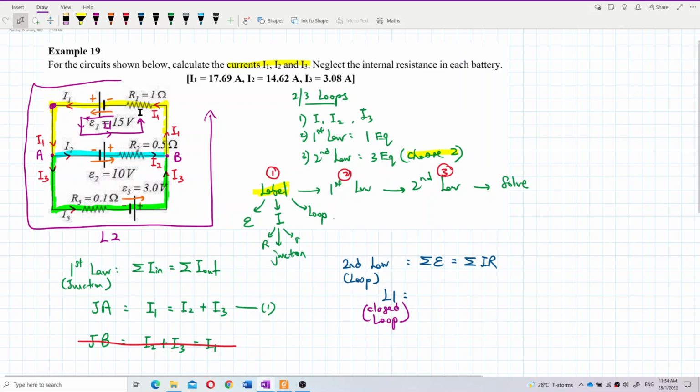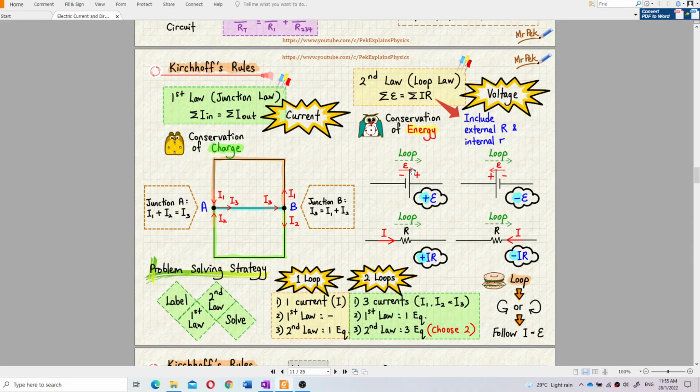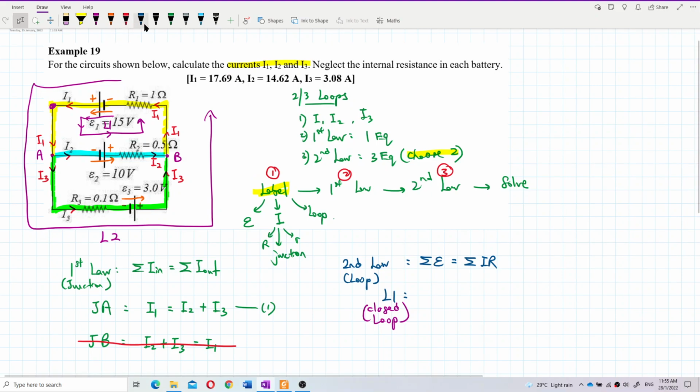Alright. Now, looking at this top loop, look at the EMF. How many batteries do we have in this top loop? We have 2 batteries, E1 and E2. Now look at whether the EMF is in the same direction as the loop or opposite. If same direction, you get positive E. If opposite direction, it is negative E. Now look at E1.